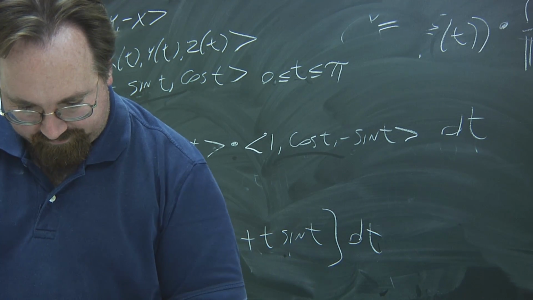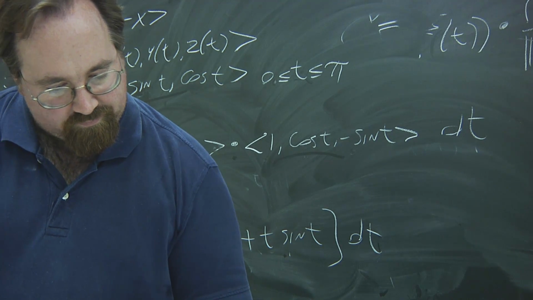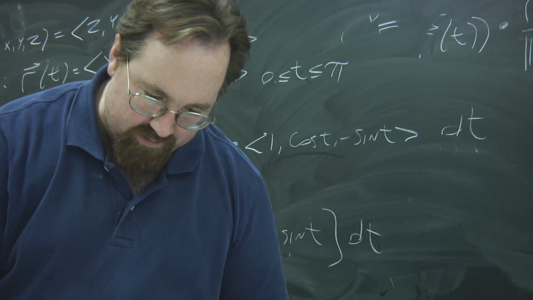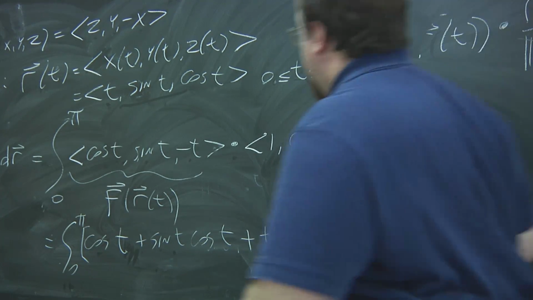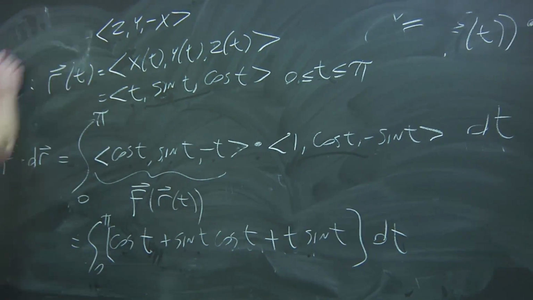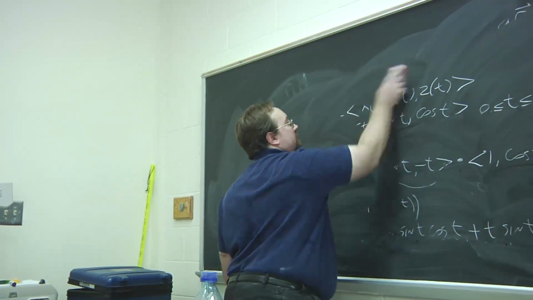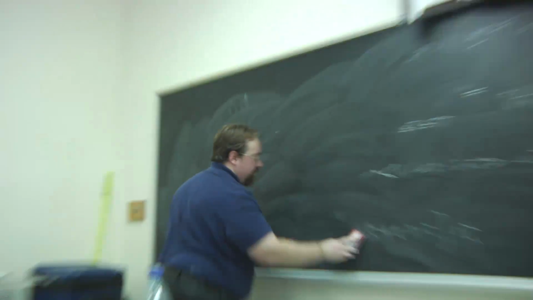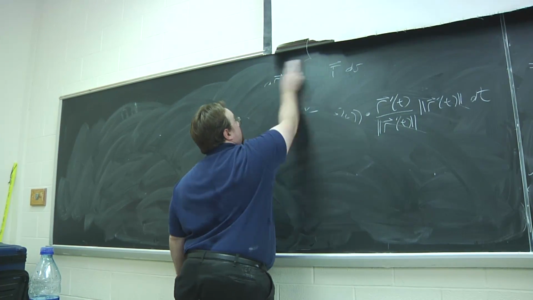Now let's take a closer look at what's going on with this dot product. It gives us another way of writing these integrals. It's going to be important later on.